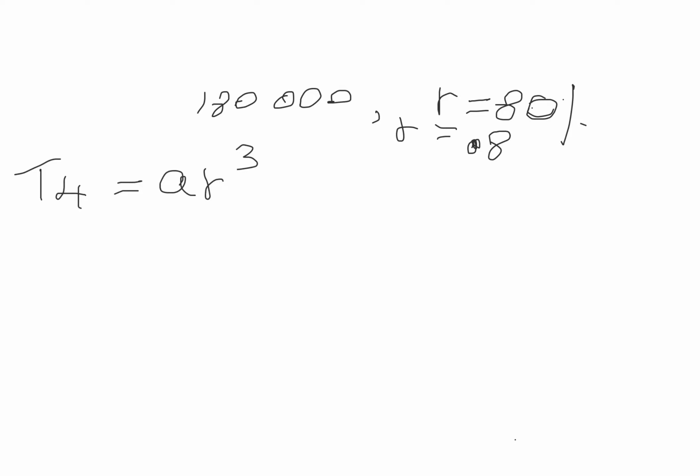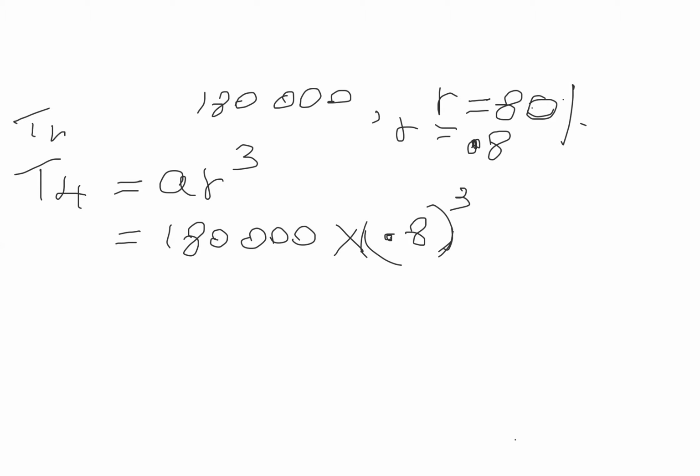So then A means 180,000 multiplied by R means 0.8 to the power of 3. Right? Because we know Tn equals AR^(n minus 1).